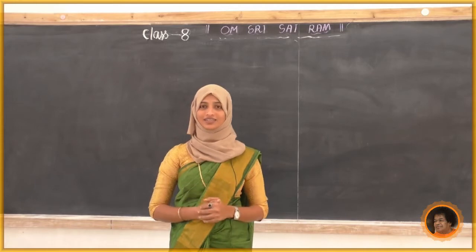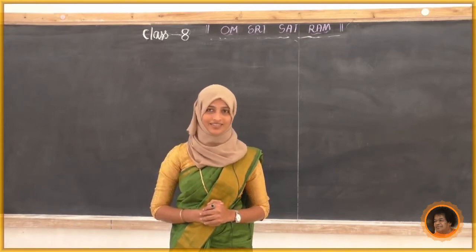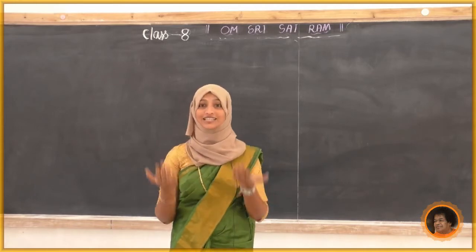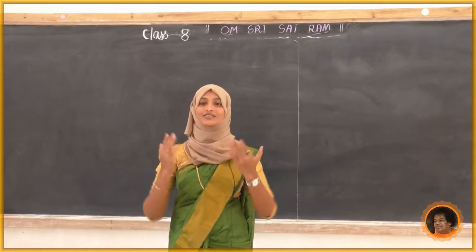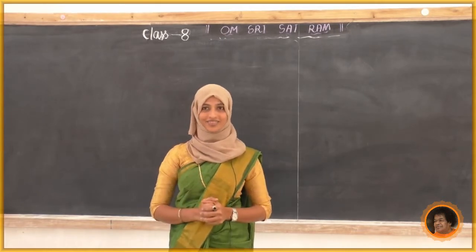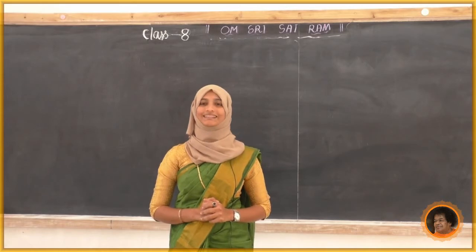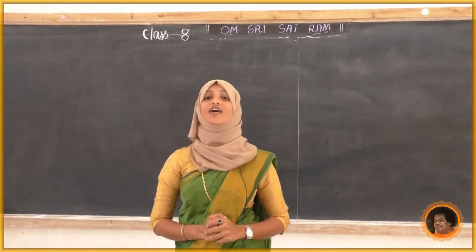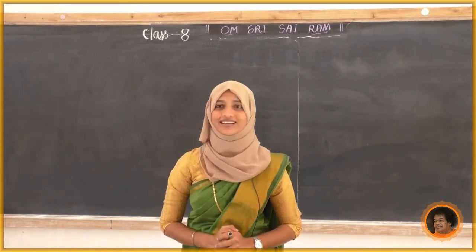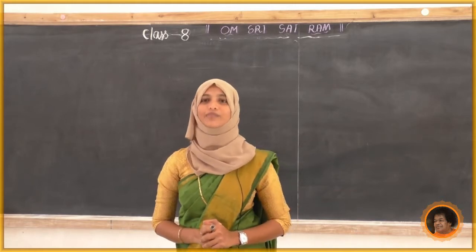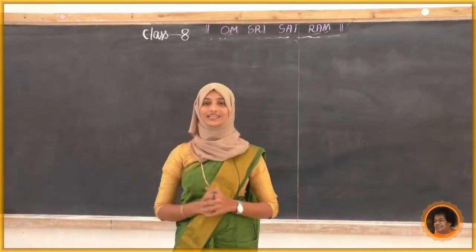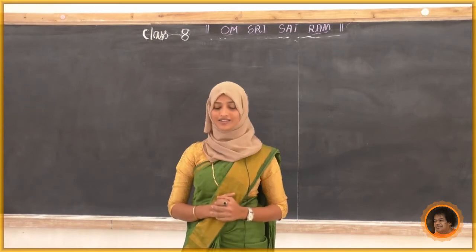What about the others, that are not shiny, that are dull, and not very hard, they are soft? They are called non-metals. In today's class, we are going to study more about materials, that is, metals and non-metals.